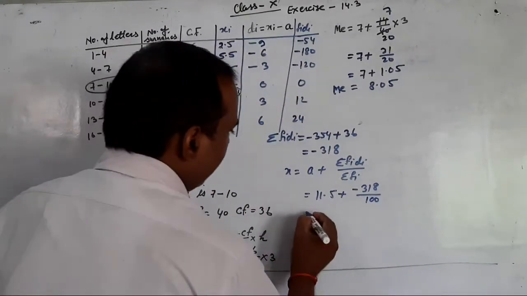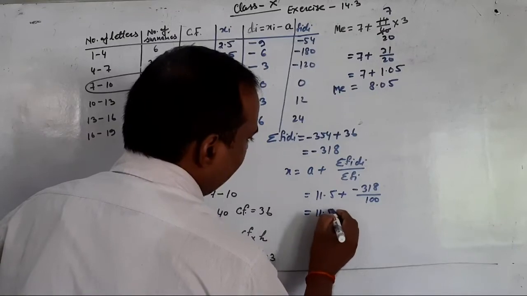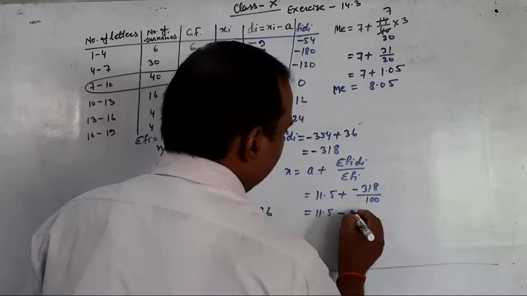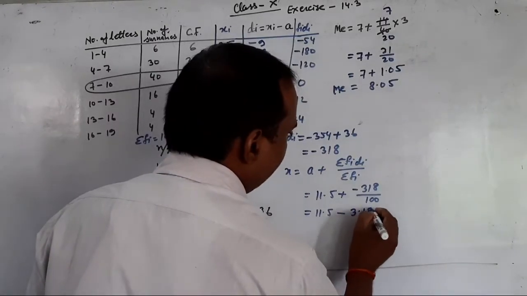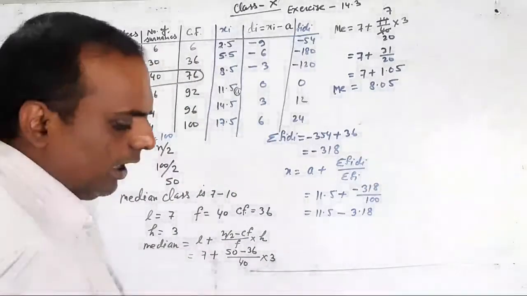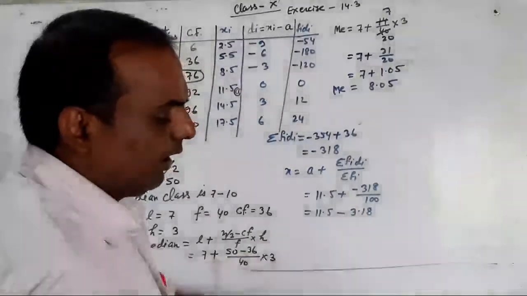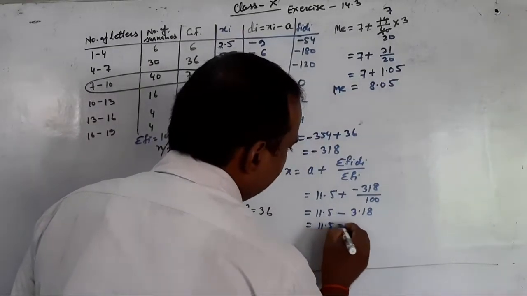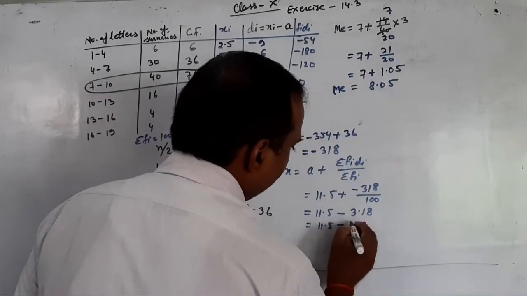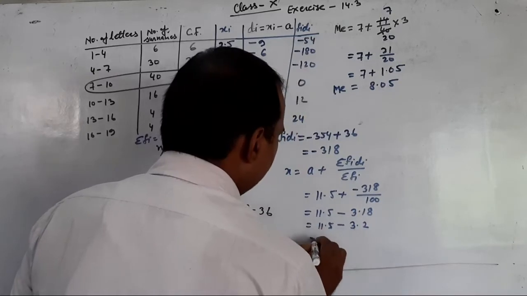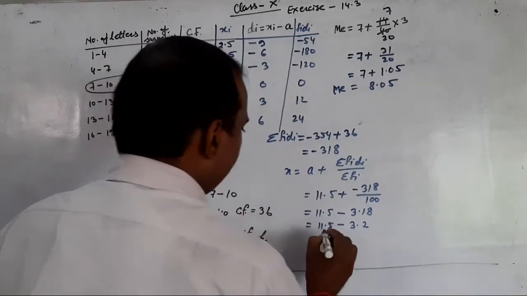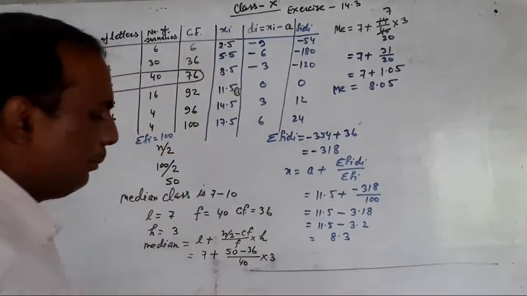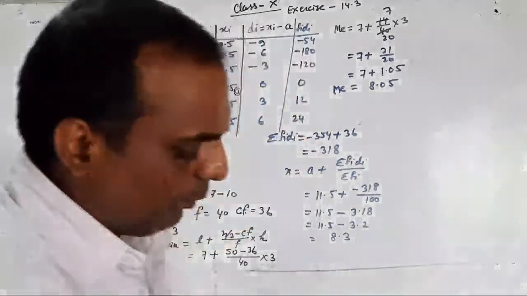Now we can write here 11.5 plus minus 1.98, or approximately we can write 2. Here 11.5 minus 2, so we can write here 8.3. It means mean surname is 8.3.